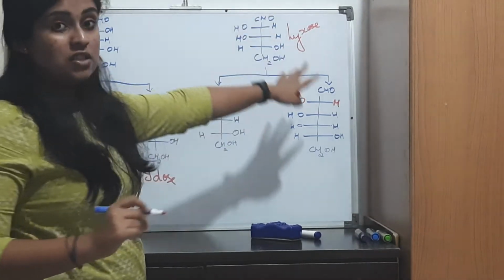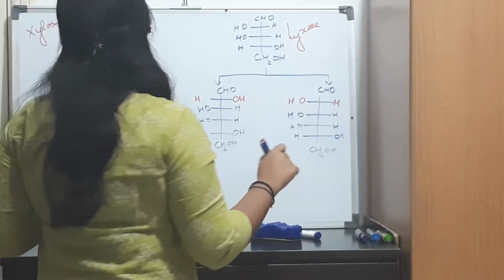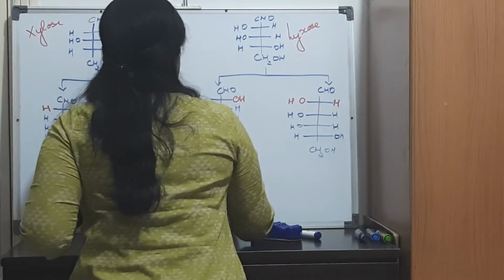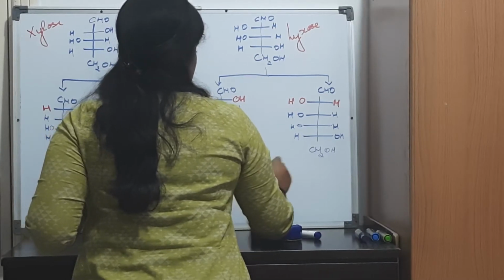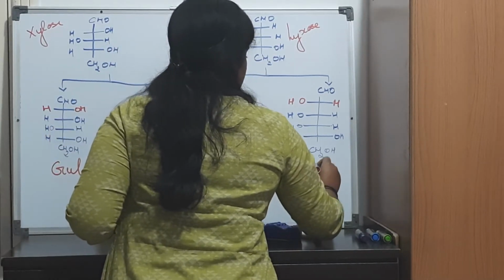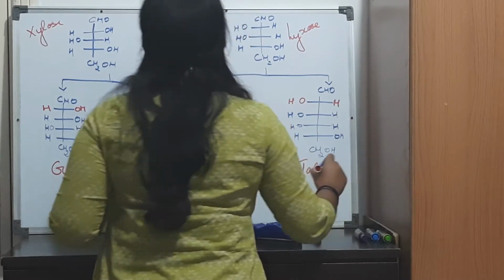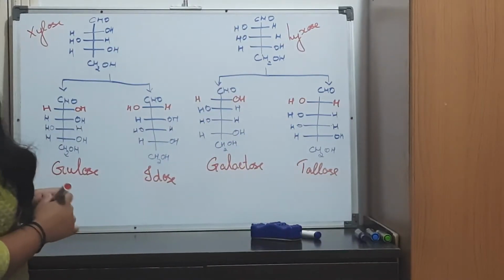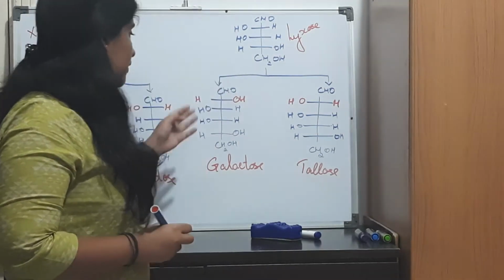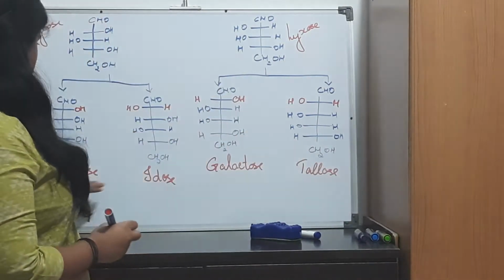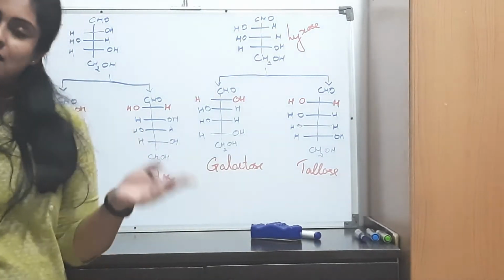Similarly, lyxose can give rise to two possibilities, galactose and talose. So the various possibilities are gulose, idose from xylose, and from lyxose we have galactose and talose, all being the aldohexose group.